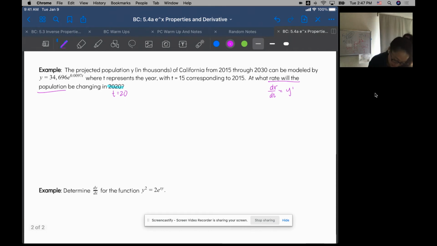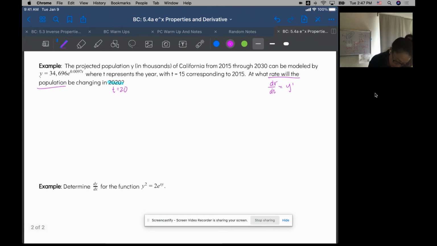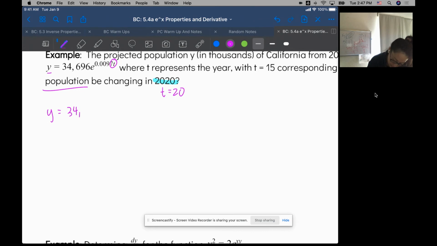So I have an equation, y in terms of t, so I guess it's not dr dt, it's going to be dy dt, because it's the derivative with respect to time. So we need to take y, 34,696 e to the 0.0097 t, and take the derivative.